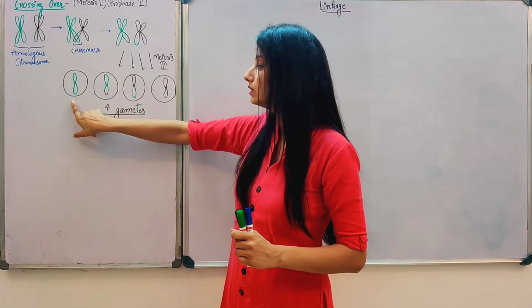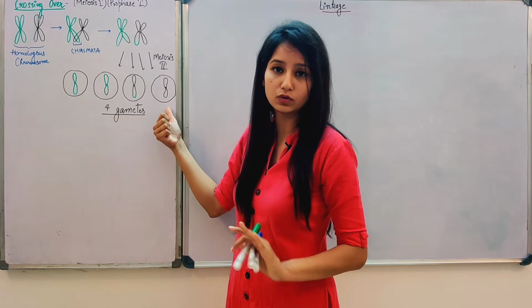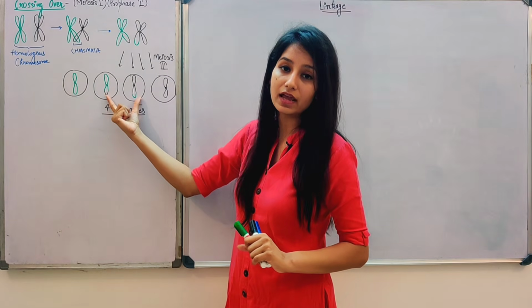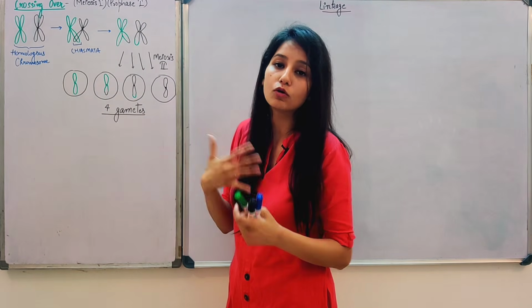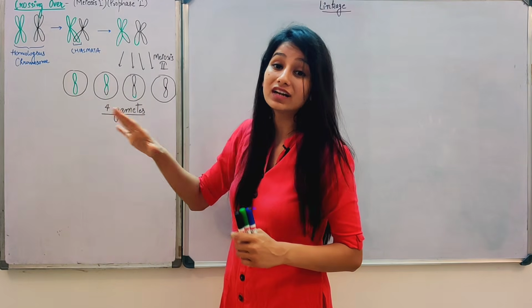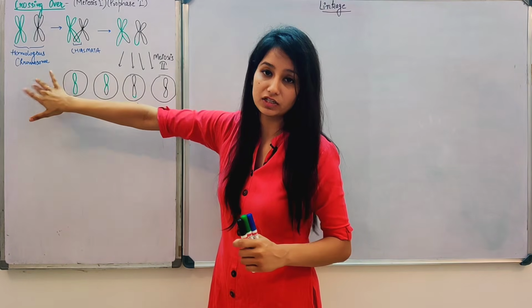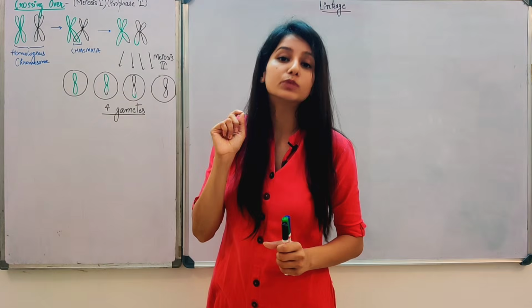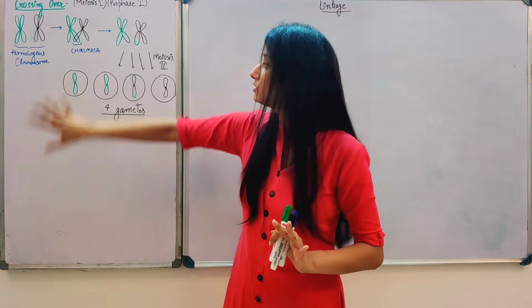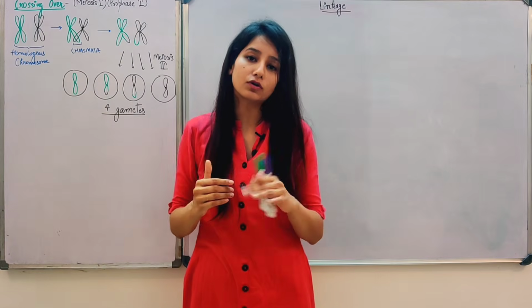Like you can see that here only the green color and here only the black color is present. But in the 2 other gametes, the chromosomes are recombinant, or we can say the chromosomes have crossing over. So here the chromosomes are not totally similar to the parents. Just remember this point. This point will be very important when you understand linkage. Okay, so this was a little bit of revision about crossing over.